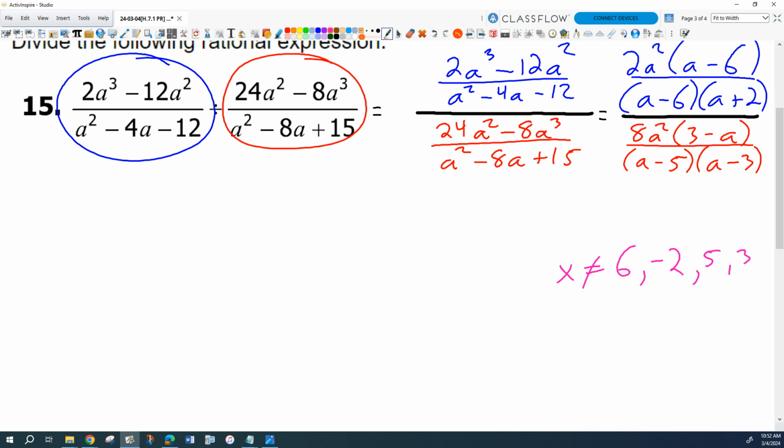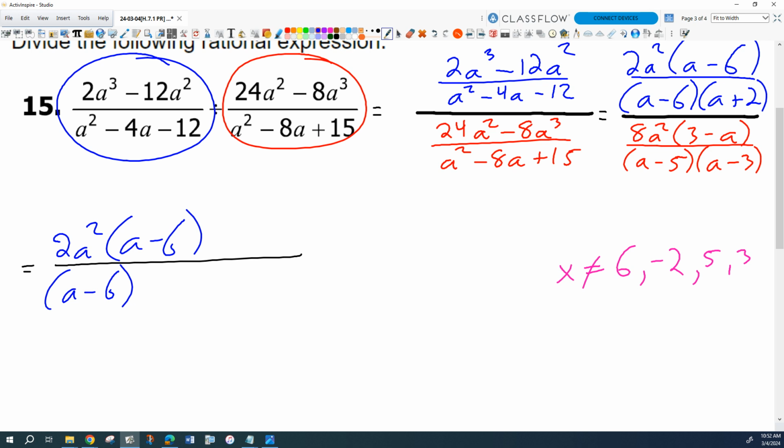Okay, so now that we've got everything factored, we flip and multiply by the denominator, right? So what's that give us then? On the top, we've already got the blue one factored, right? So we get 2a squared times a minus 6, divided by a minus 6 times a plus 2, right?